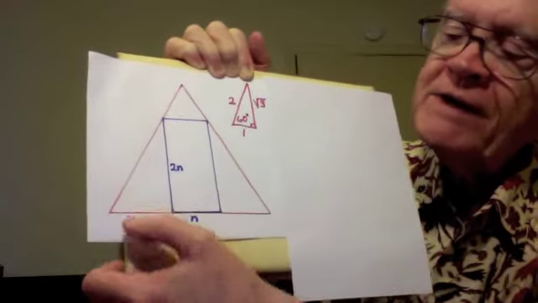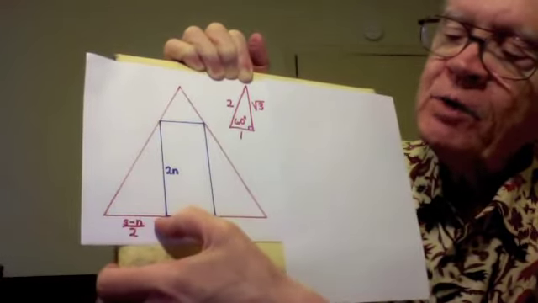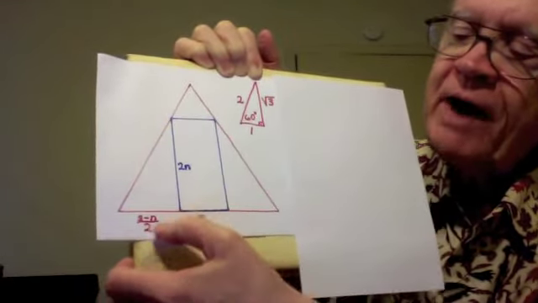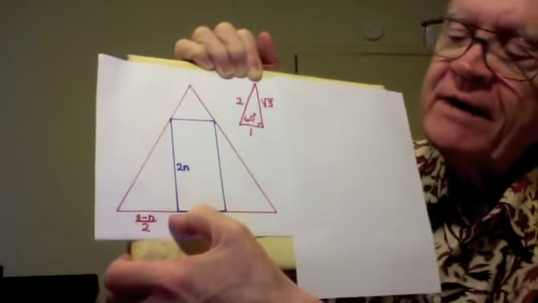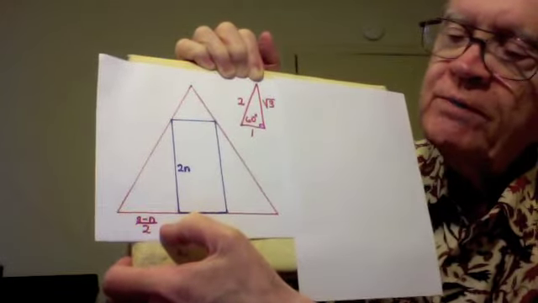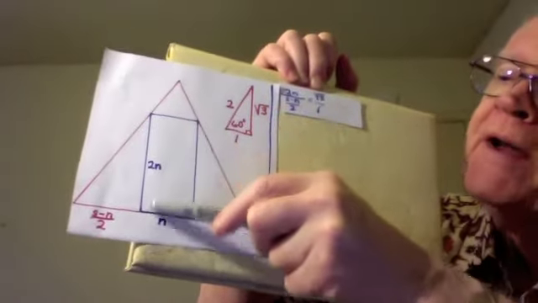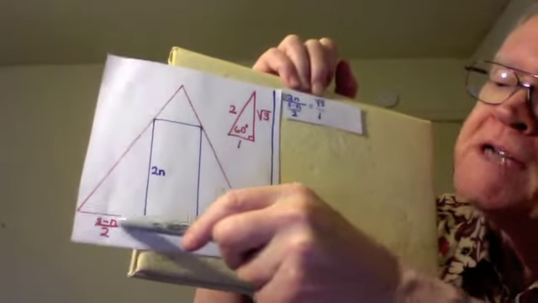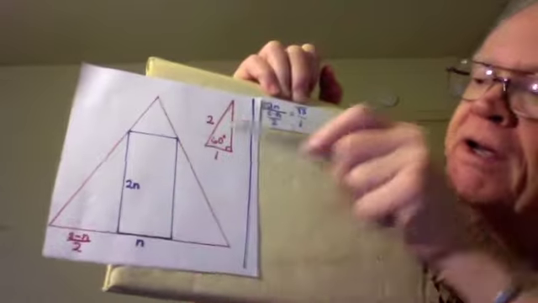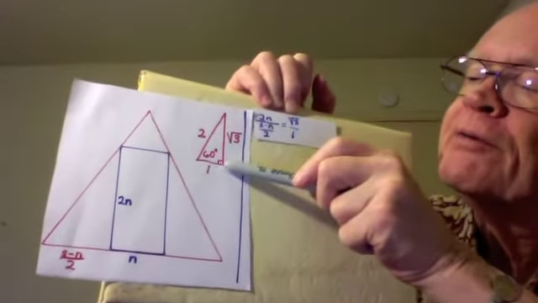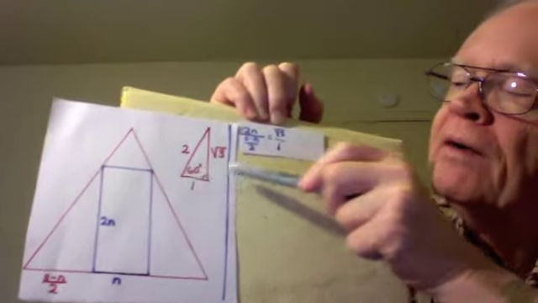So this length, this short side of the 30-60 right triangle, is (S minus n) divided by 2. So I write the proportion 2n over (S minus n)/2 equals the square root of 3 over 1.